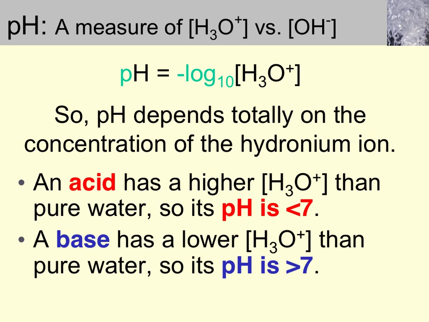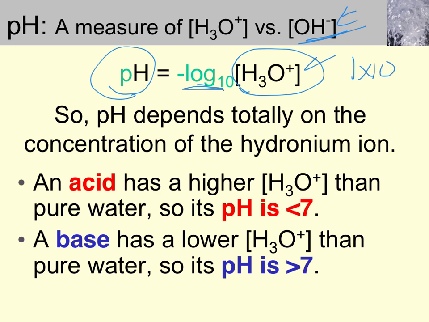So that leads us finally to pH. pH is a measure of the concentration of hydronium ion, and therefore indirectly it's also a measure of hydroxide ion, because you can get hydroxide ion once you have hydronium ion. pH is a log scale, and all a log scale does is use the exponent.